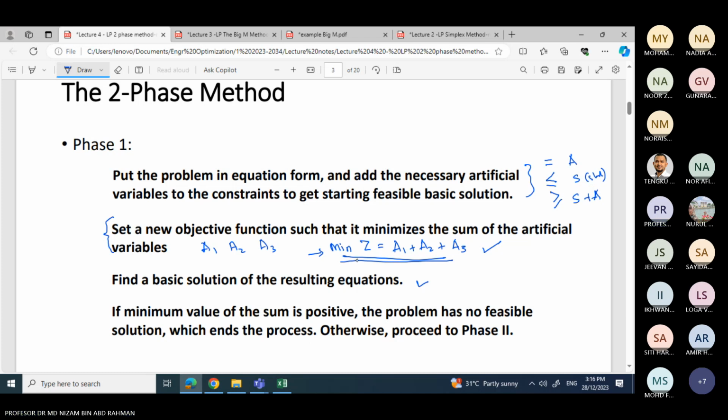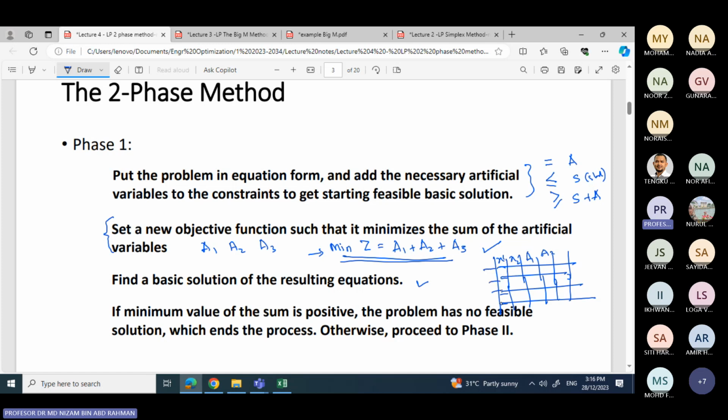So let's say, for example, at the end of the iteration process, the variables are x1, x2, a1, a2, for example, right?